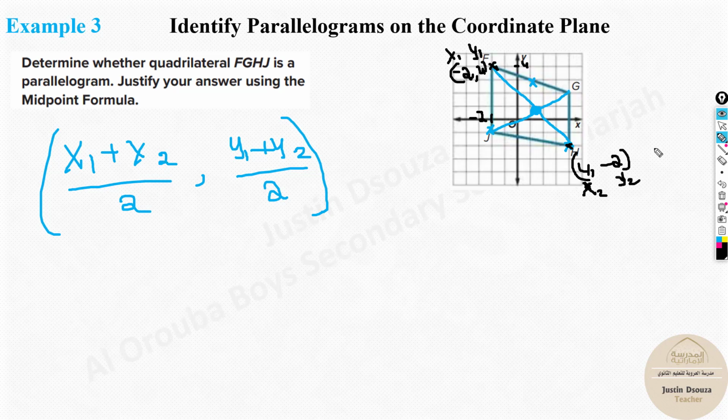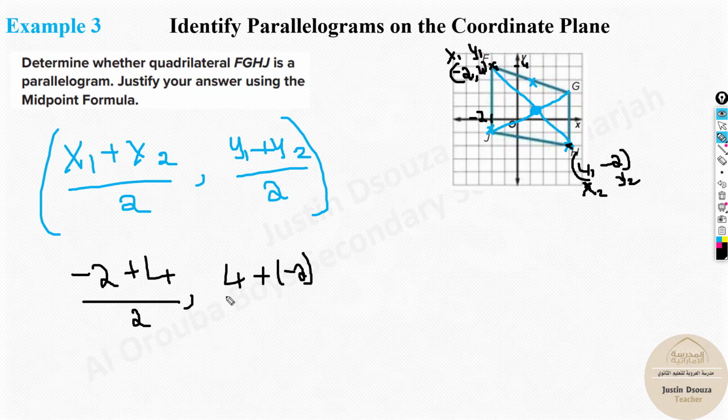Now I'll apply the formula. I have x1 value of -2 plus the x2 value, 4, divided by 2, comma, y1, 4 plus -2 divided by 2.